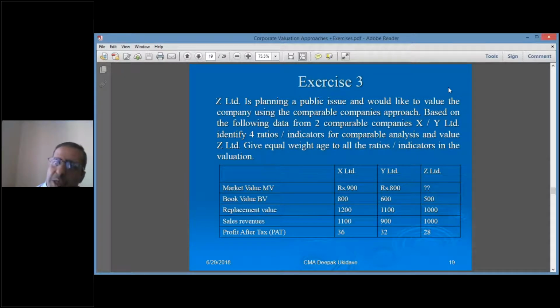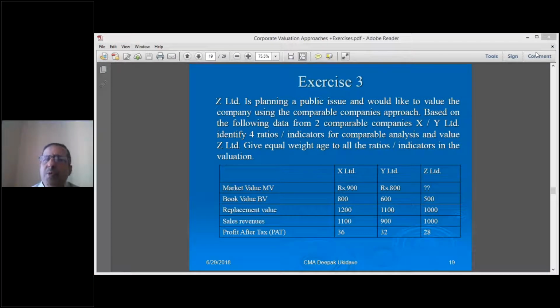Z Limited is planning a public issue and would like to value the company using the comparable company approach based on the following data from two comparable companies X and Y. You have to assign equal weightage to all the performance indicators.